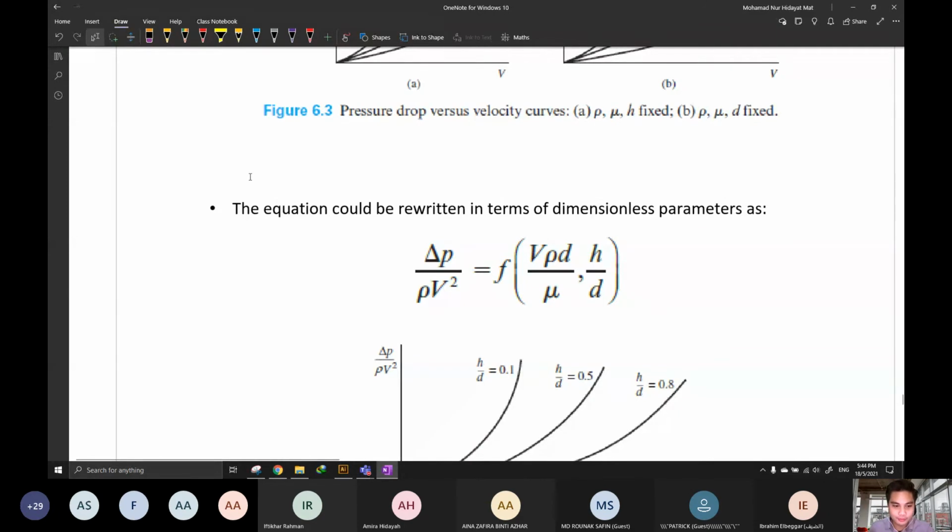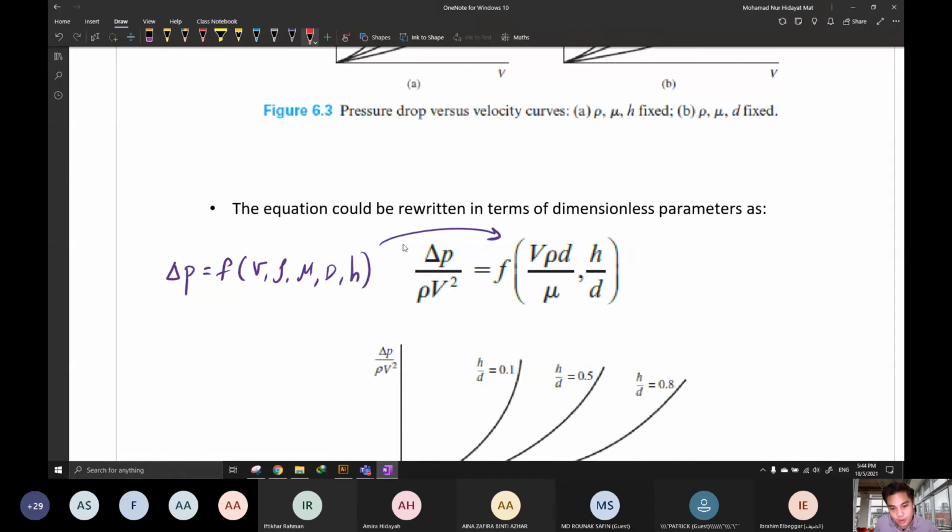How to do that? The equation can be written in terms of dimensionless parameters. Instead of delta P equal to a function of velocity, density, viscosity, diameter, and height, you can transform this equation into this.